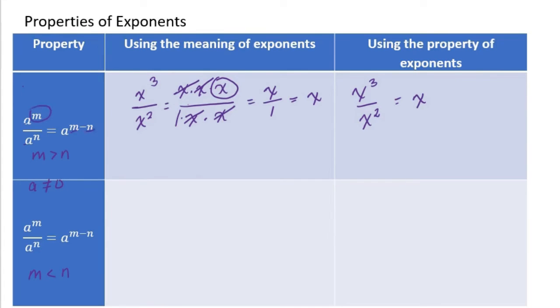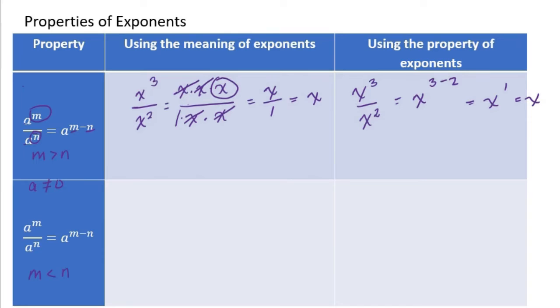In other words, we'll take the top exponent and subtract the lower one. So we'll take the 3 and subtract 2. So we have x to the power of 3 minus 2. 3 minus 2 is 1. Of course, we would write that as x to the power of 1. We would write that as simply x. So we, once again, get to the same conclusion. And you can use whichever one you prefer.